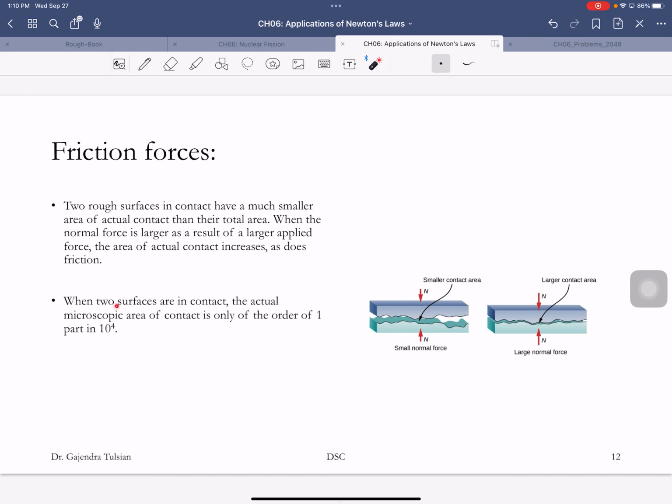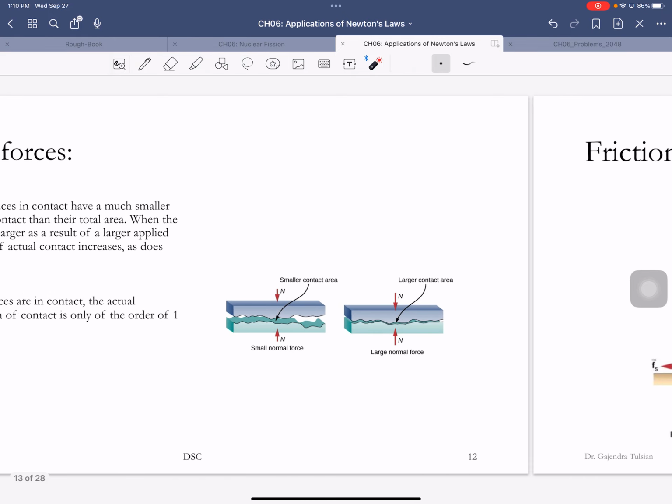When two surfaces are in contact, the actual microscopic area of contact is only of the order of 1 part in 10,000. What that means is when your textbook is sitting on the table, the actual area of contact is roughly equal to the size of a ballpoint pen head, or a pencil tip. So the area of contact is very small.